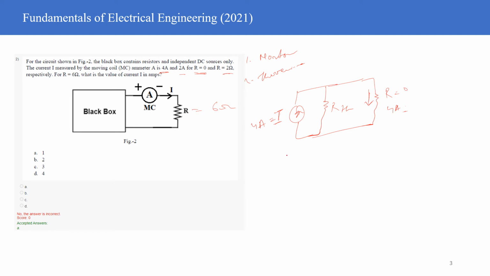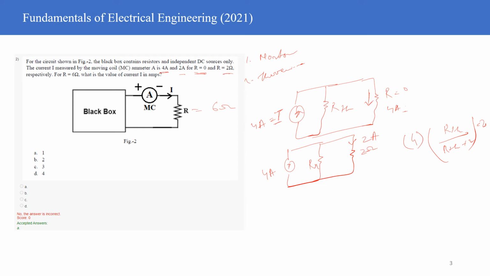Agree. So in the second case, if 4 ampere current is flowing over here, and it's given in the question that resistance is equal to 2 ohm and the current is equal to 2 ampere, that implies that this must be followed: 4 ampere multiplied by the resistance RTH upon RTH plus 2 must be equal to 2.